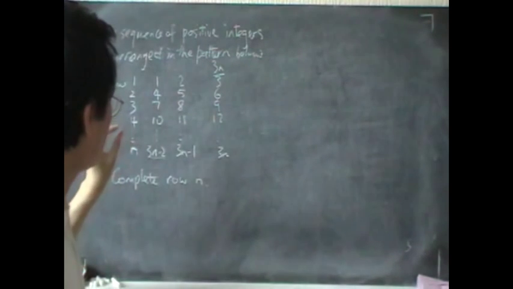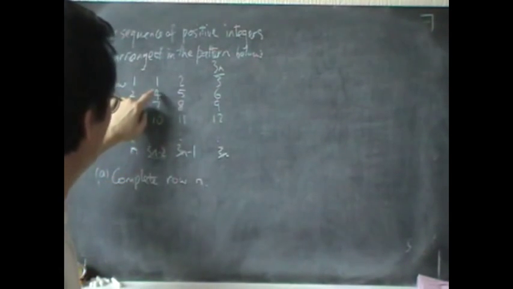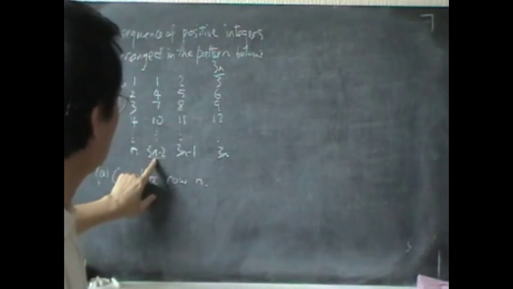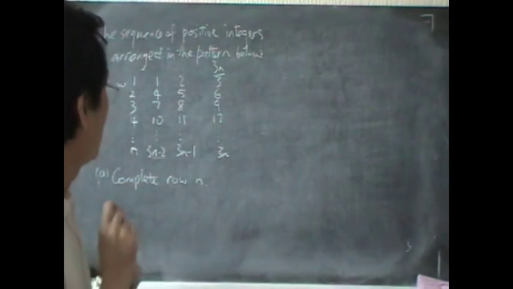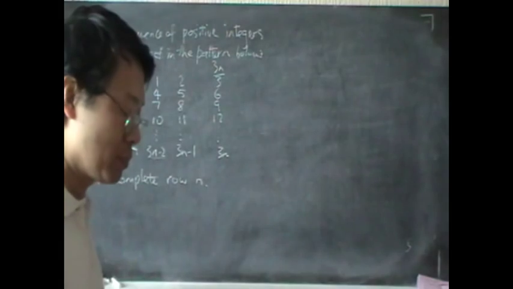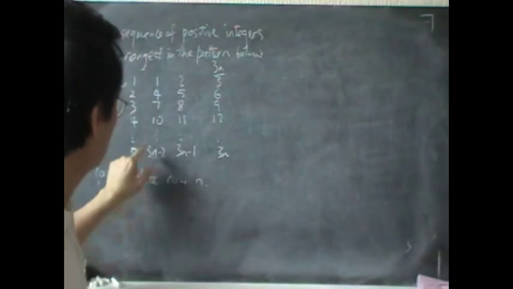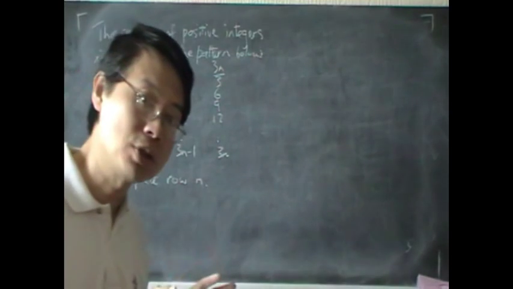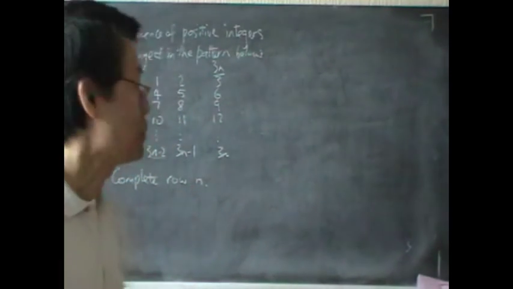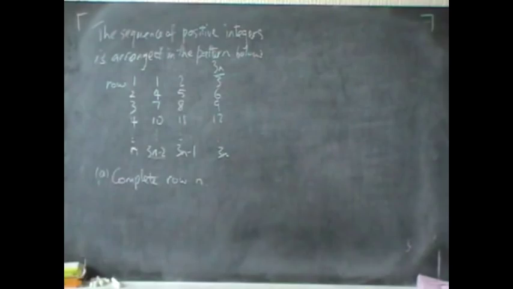And with this idea, because the difference between terms is 3, you get 3n, and to get the first term, you have to minus 2. You can then go on to check 3n minus 2 for the next 2 or 3 terms, just to make sure that it is correct. And that completes the row n.